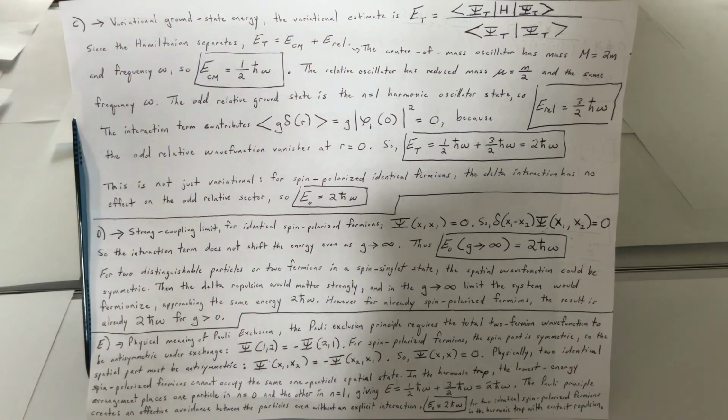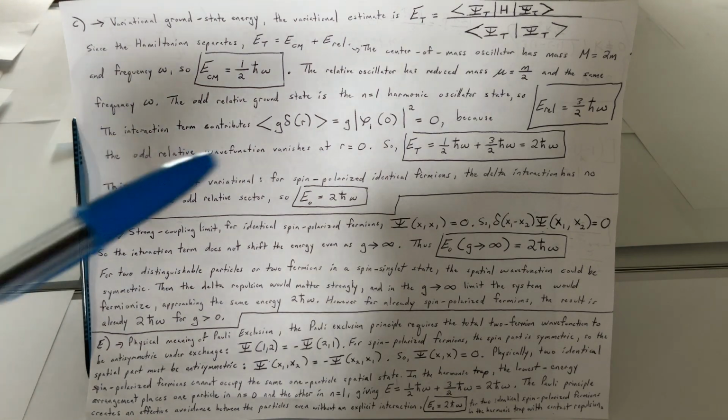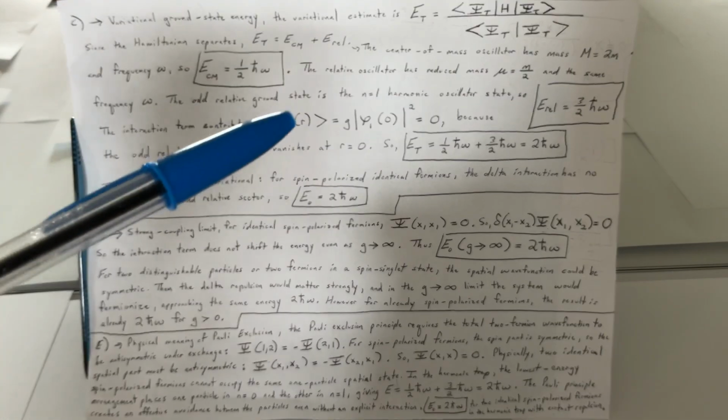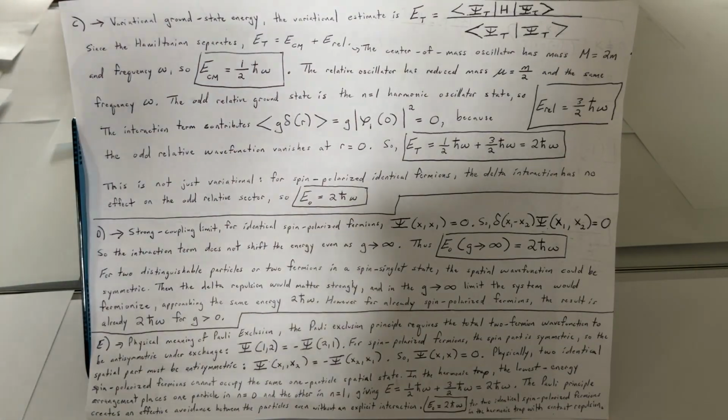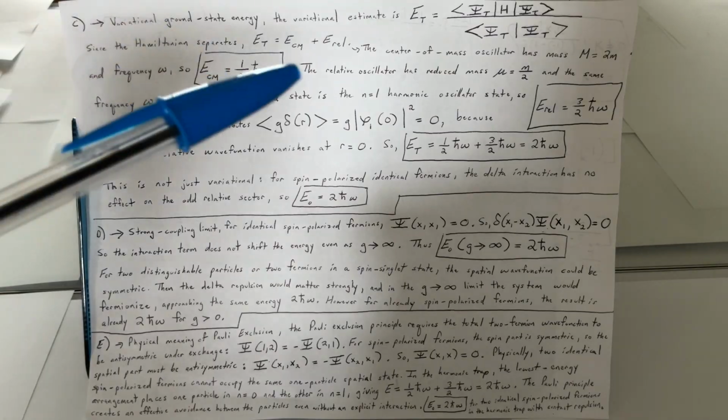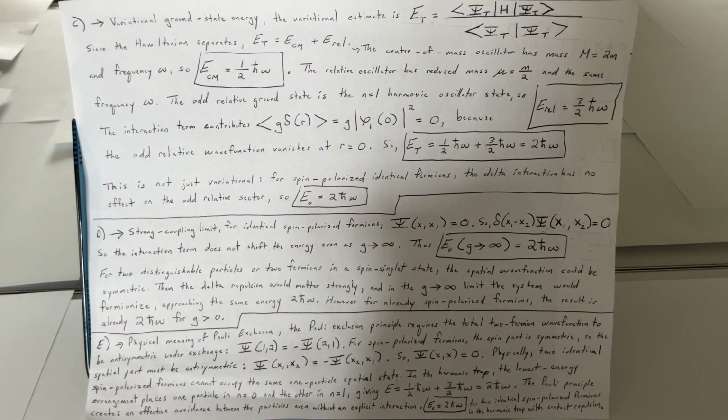And the interaction term contributes this expectation value, g delta R, that equals g times the absolute value of phi sub 1 of 0 squared, and that equals 0. That's because the odd relative wave function vanishes at R equals 0.